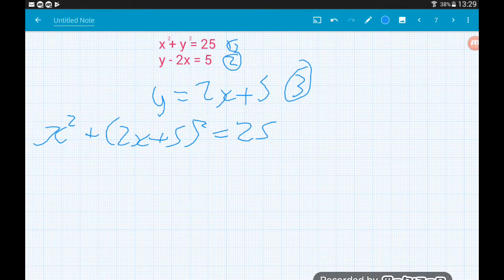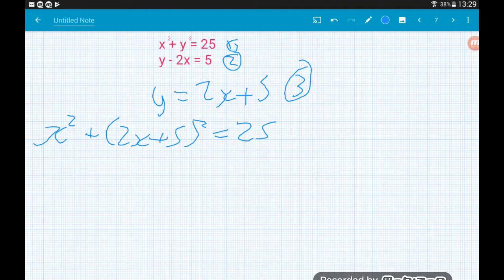Now we need to expand that bracket. Before we go any further, we've got ourselves a quadratic equation. We know this because the highest power of x hanging out is 2. So we need to expand this bracket, simplify the algebra as much as possible, get everything on the same side, and then solve this quadratic for x.